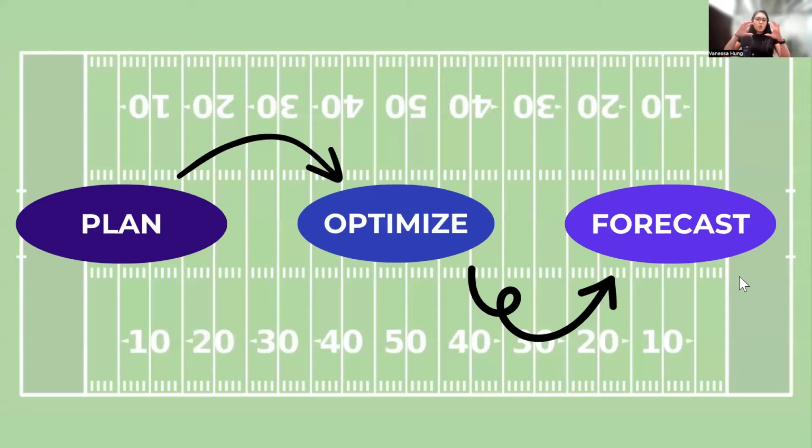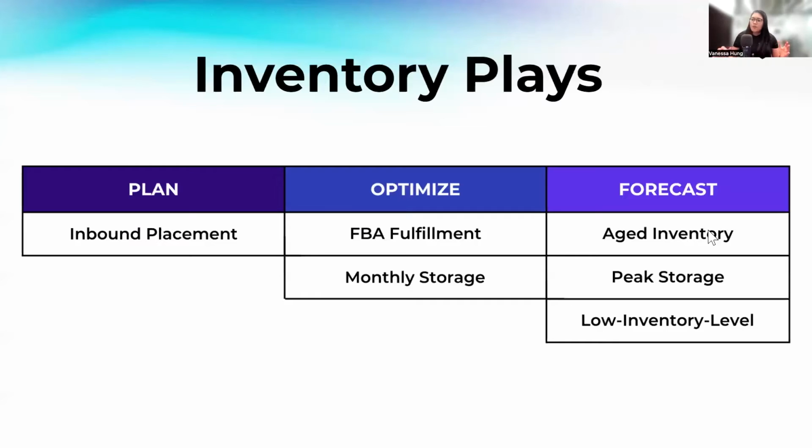But we make sense of it, and we know that there are three main plays. We plan, we optimize, and we forecast. And when we do all of these things, we win points in our profitability, meaning our bottom line. Our margins will get better if we plan properly, if we optimize, and we forecast. And for those three plays, we have specific ones inside of them.